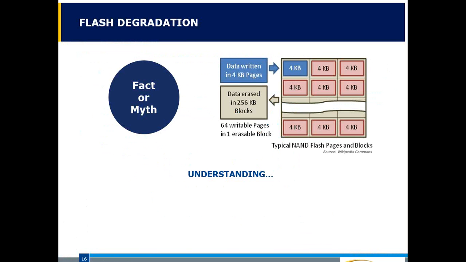So that's done in housekeeping. Most of you would probably know that concept as defragmenting a hard drive. Basically, storage controllers with flash memory modules do that in the background. You don't need to manually do that.